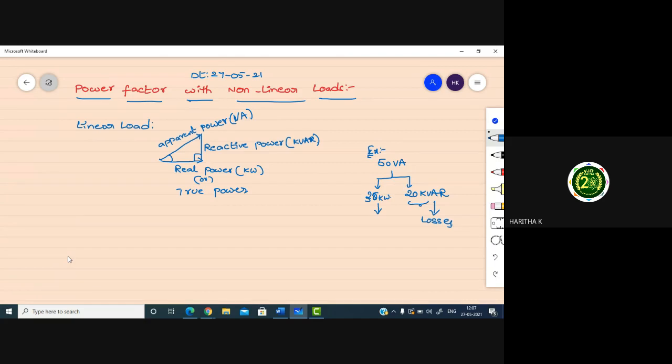Some losses will be produced in every electrical system, so those losses will consume this much power. That is called the reactive power. So reactive power is always a loss. If your electrical appliance is an energy efficient one, then the losses will be less. That means it consumes less reactive power and true power will be high. The losses will be reduced.